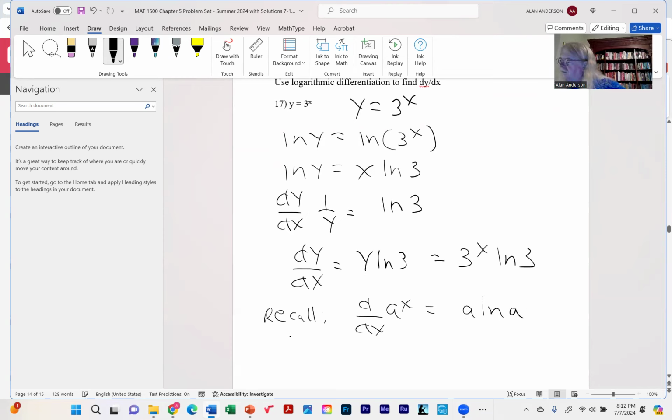U from way back was x over 4. And since this is a definite integral, we have to evaluate it. So we'll have 4 over log 3 times 3 to the u.